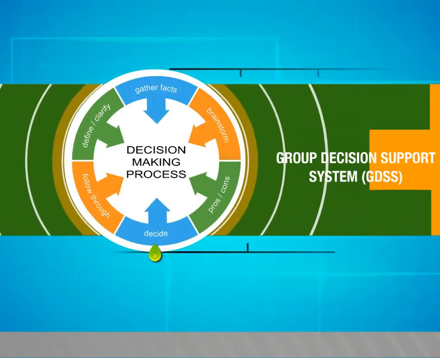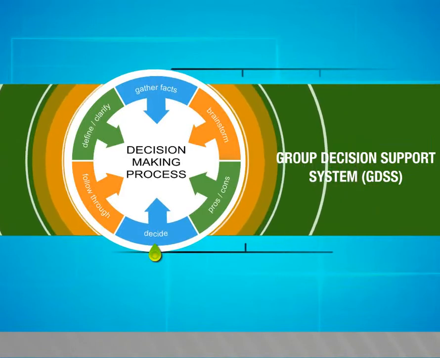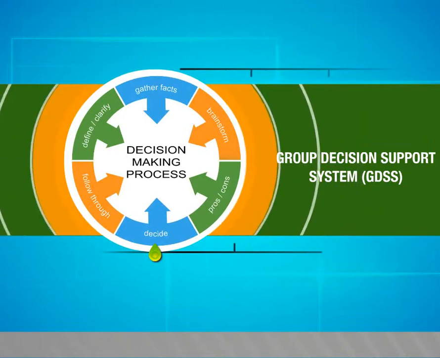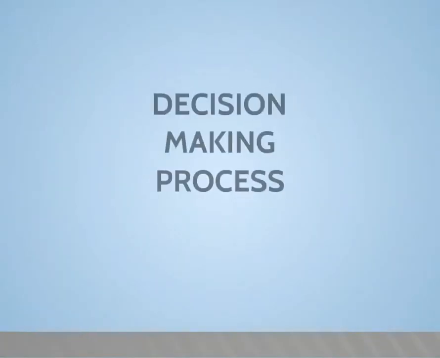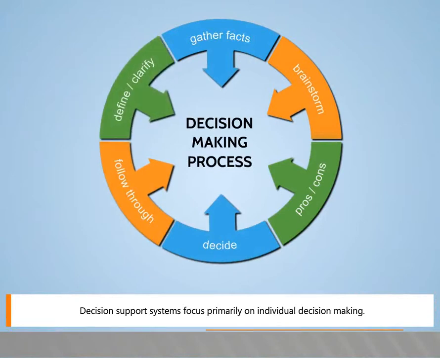Group Decision Support System, that is GDSS. In this video, we are going to see about Group Decision Support System, GDSS. Decision support systems focus primarily on individual decision making.